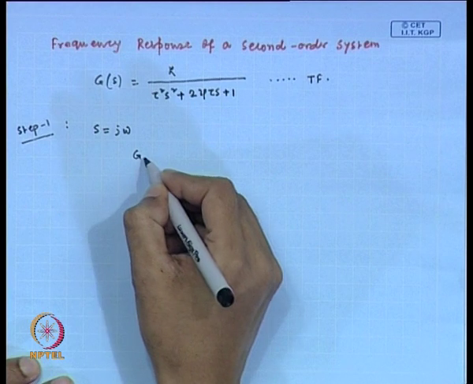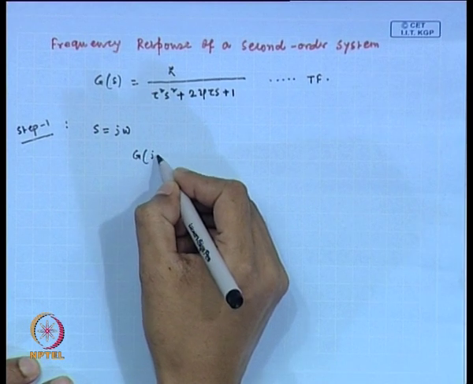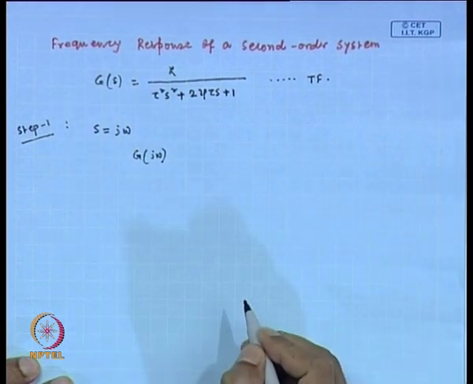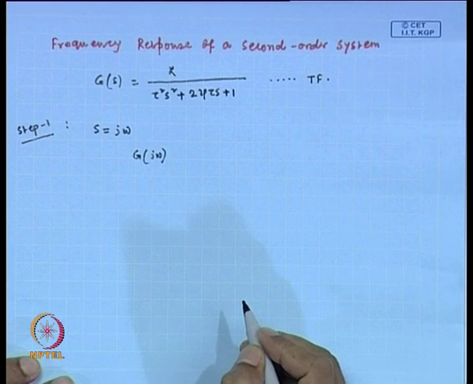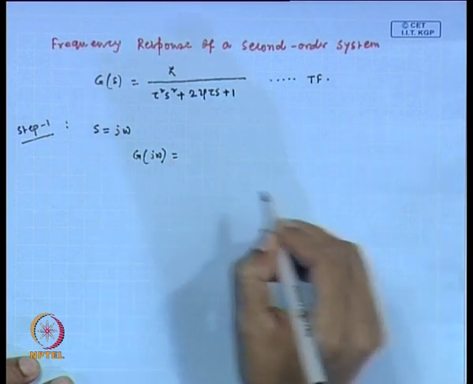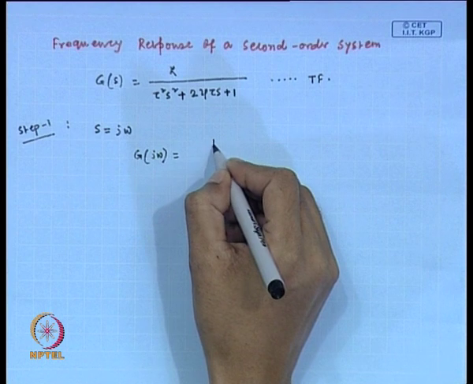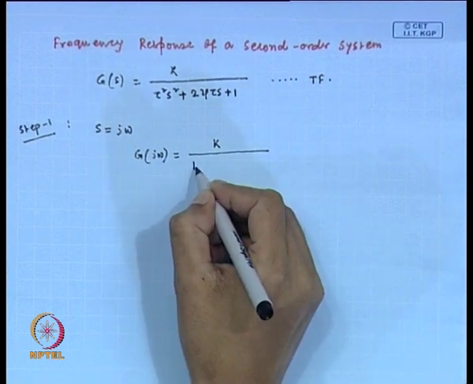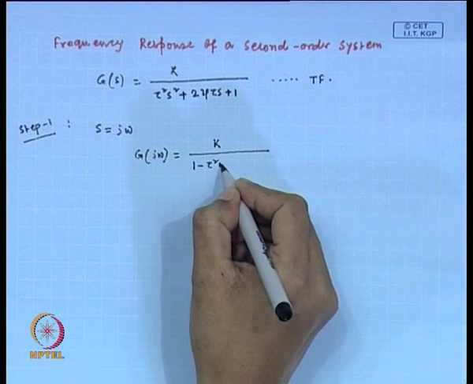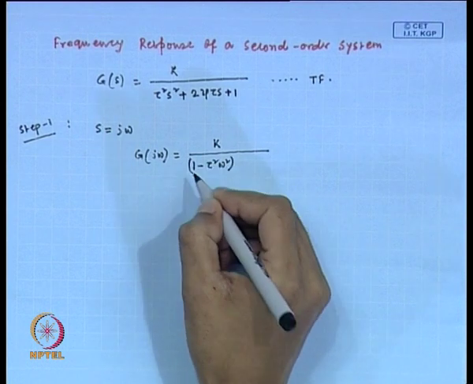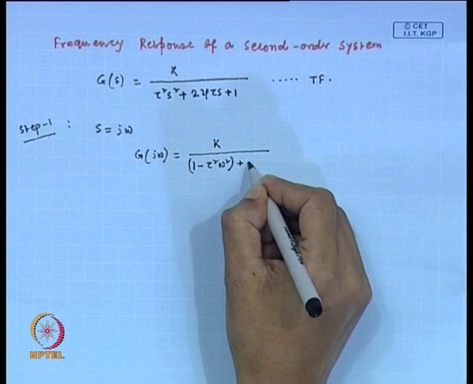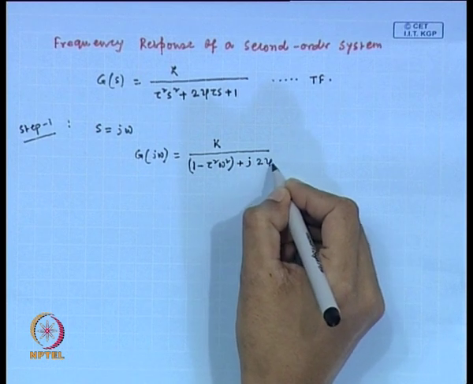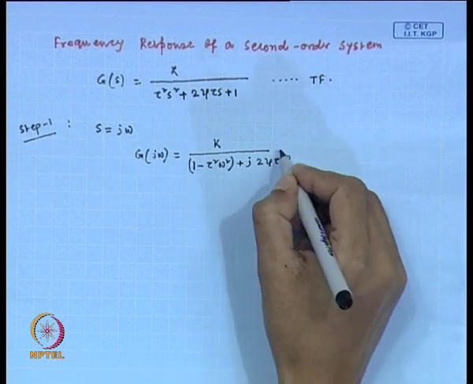So, the frequency response transfer function represented by G(j omega) becomes k divided by 1 minus tau square omega square plus j 2 zeta tau omega.